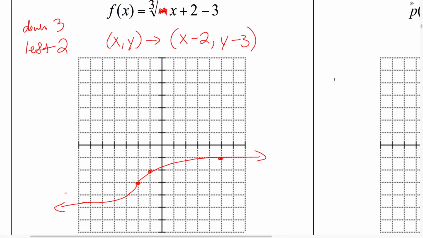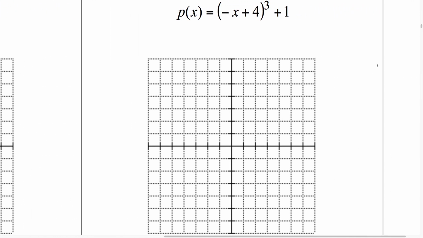P of x. What did you guys have? The transformation inwards. Yes. We had shifted left 4 units and shifted up 1 unit. Right, because we're getting rid of that negative that's on the inside. It's not really there. So I agree, left 4, up 1.